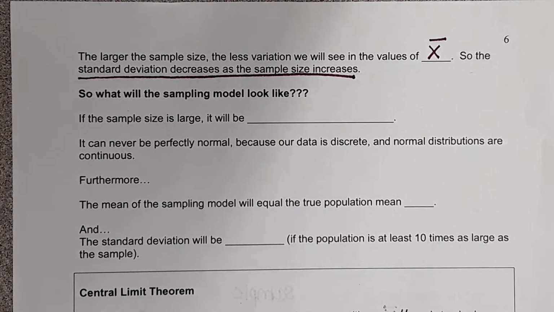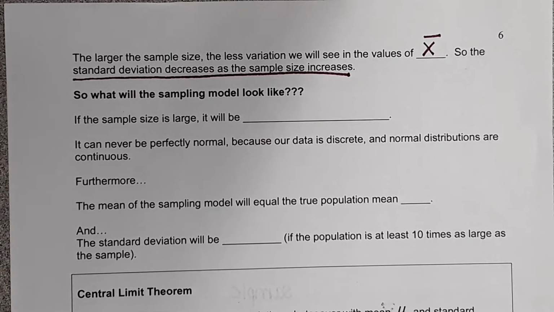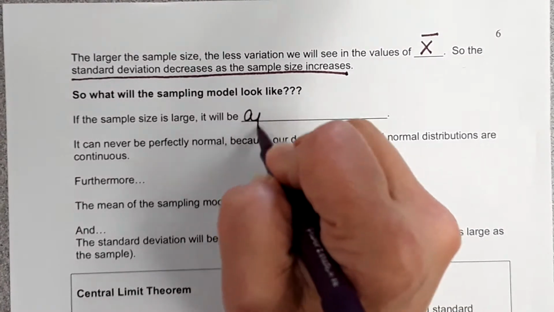Before this, we never did that; whatever standard deviation they gave us, we used. But now our standard deviation is going to be affected by the sample size. The larger the sample size, the smaller our standard deviation is. If the sample size is large, it will be approximately normal.